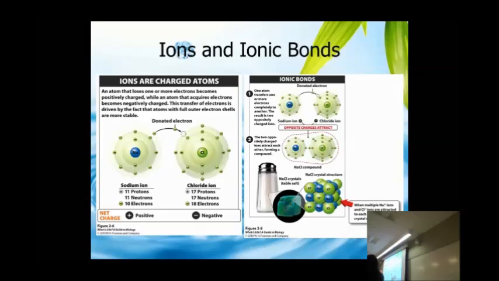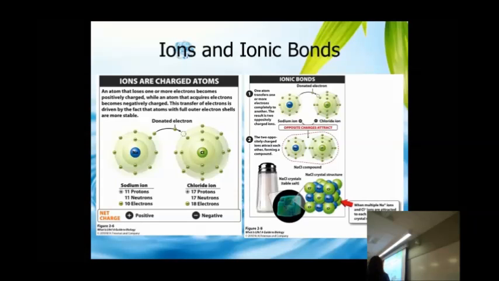The chloride ion has 17 protons and 18 electrons, so it has a negative charge to it. So it's basically going to donate this electron to the other atom. Whereas in covalent bonding we see sharing, here in ionic bonding we see donations. We see give and take.